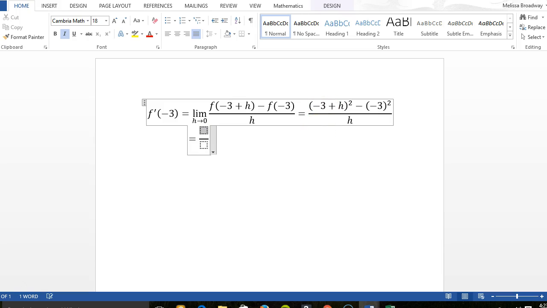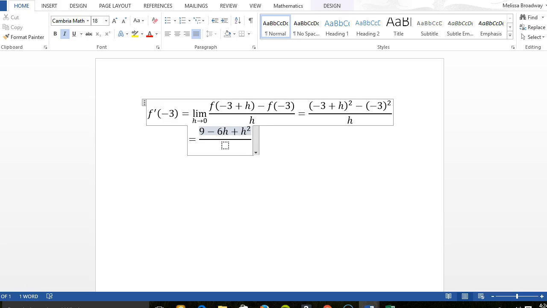You're going to get 9, because by the perfect square formula, a plus b squared is a squared plus 2ab, but since that's a negative 3, it's going to be a minus 6h, and then plus h squared.